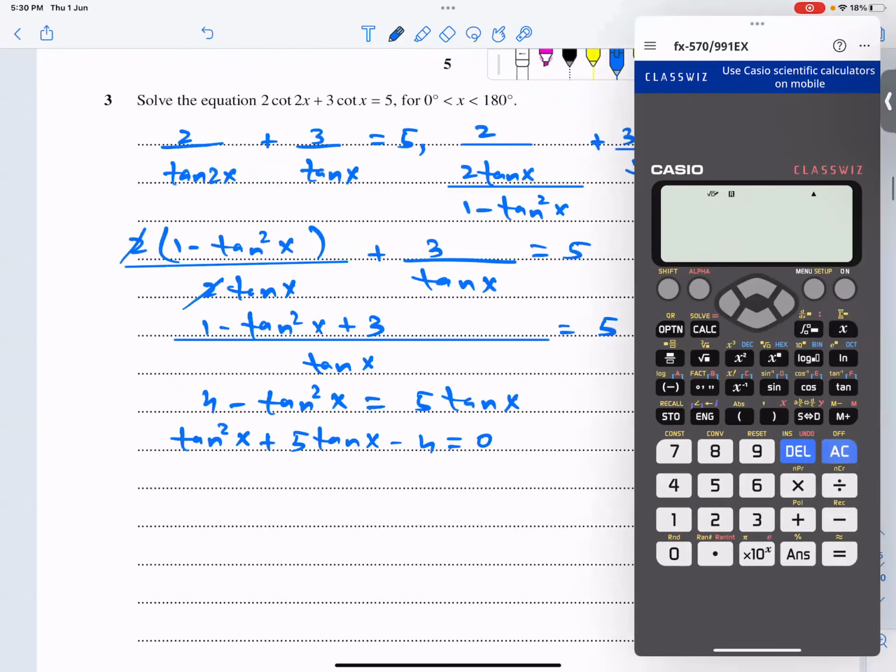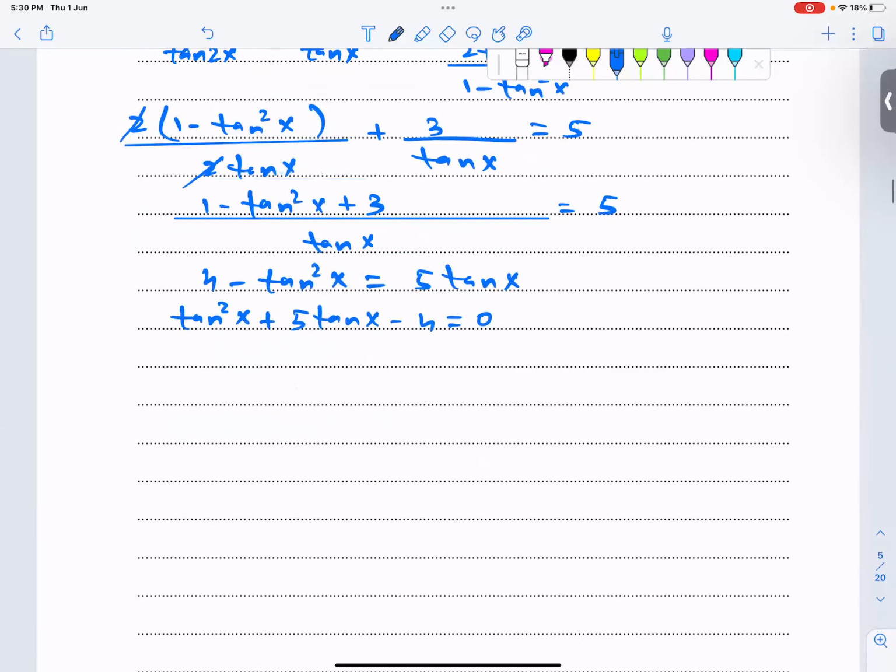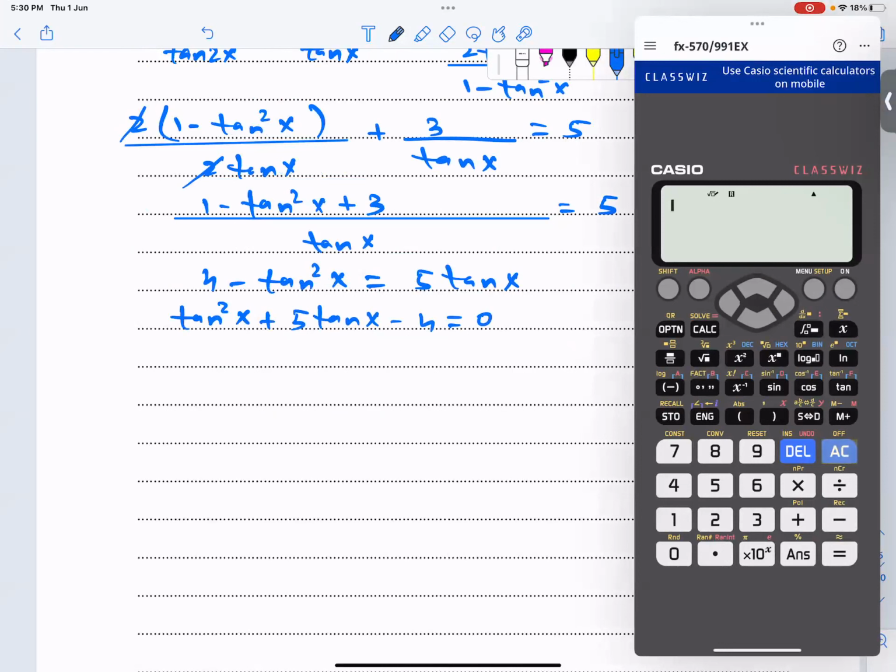But if you see the marks, we can use the calculator directly. Press mode, equations, press 2, then press 2, 1, 5 and minus 4. So the values of tan x will be the solutions of the quadratic equation. You can use the quadratic formula, but I'm using the calculator directly.